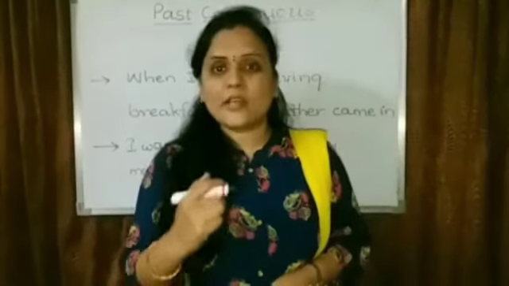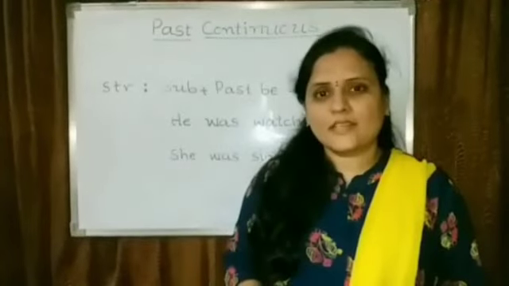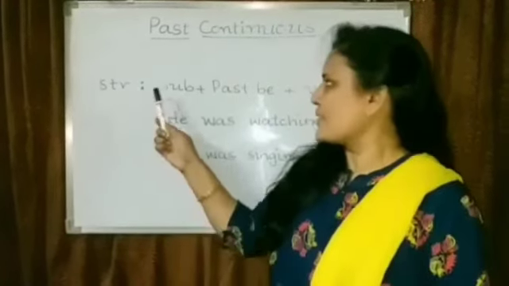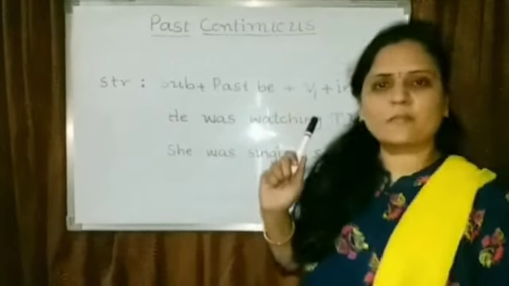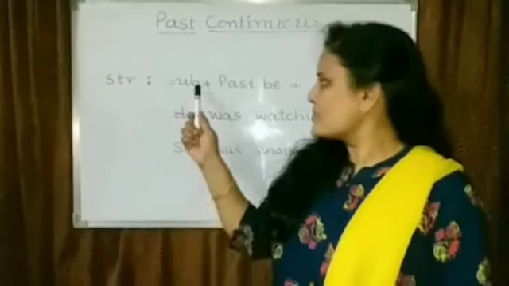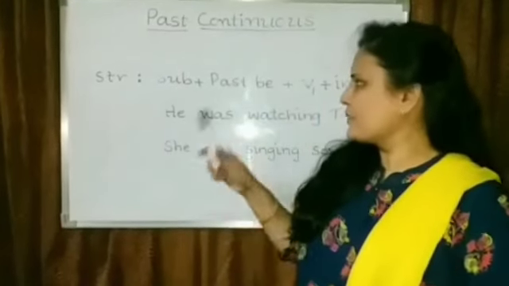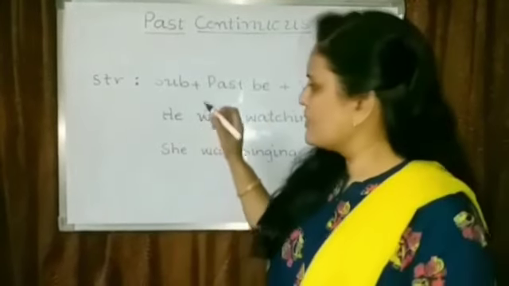So now let us see the structure for past continuous. See the structure for past continuous tense. Structure: subject plus past be form plus V1 plus ing. So subject, see these examples, you can understand. He was watching TV. Here subject is nothing but the doer of the action.